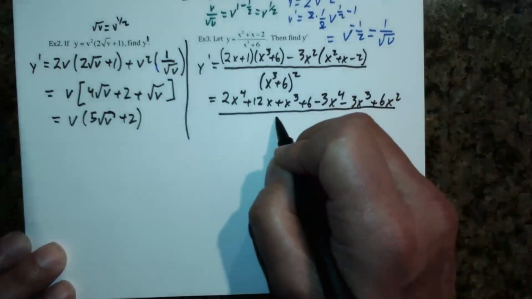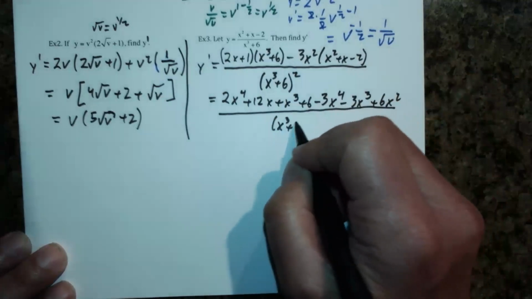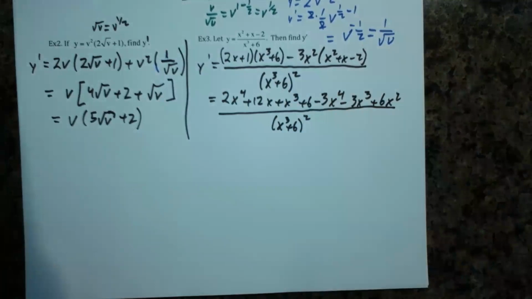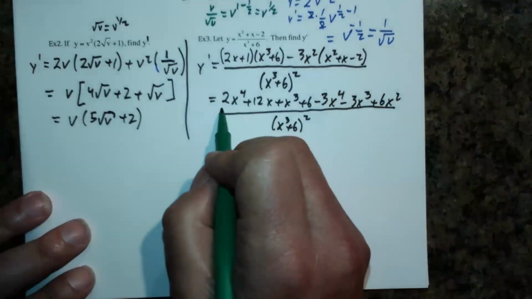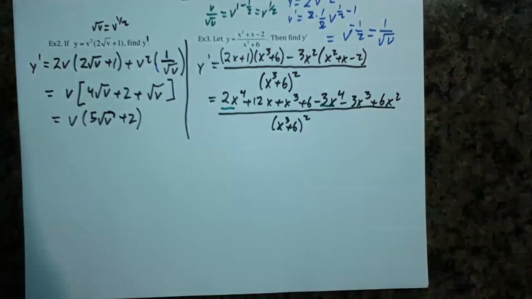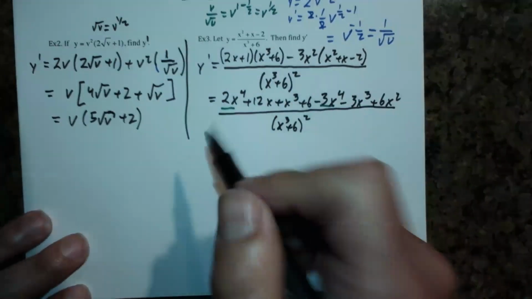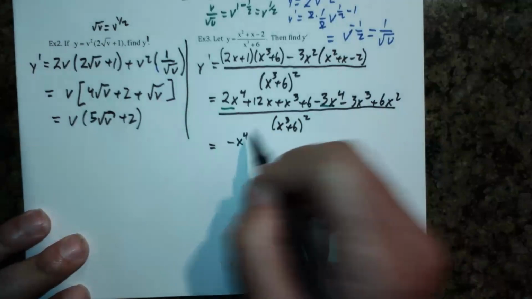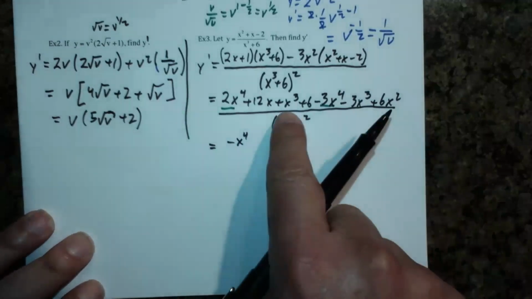All over. Whew. All right, let's keep track of this a little bit. So I have some x to the fourths. That's going to be negative x to the fourth. I have x to the thirds here.